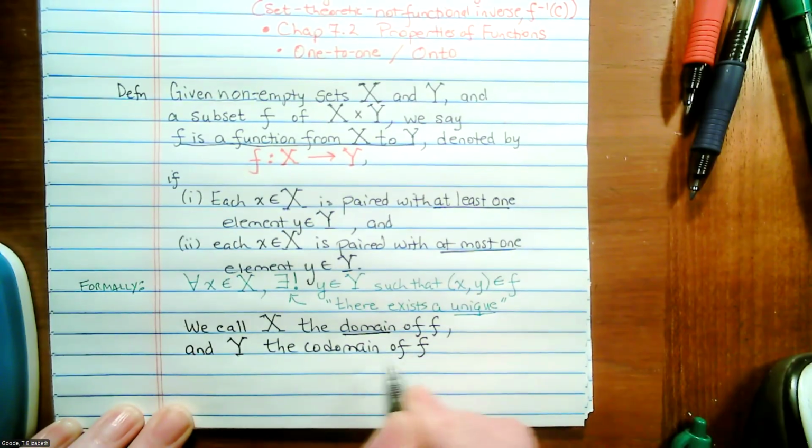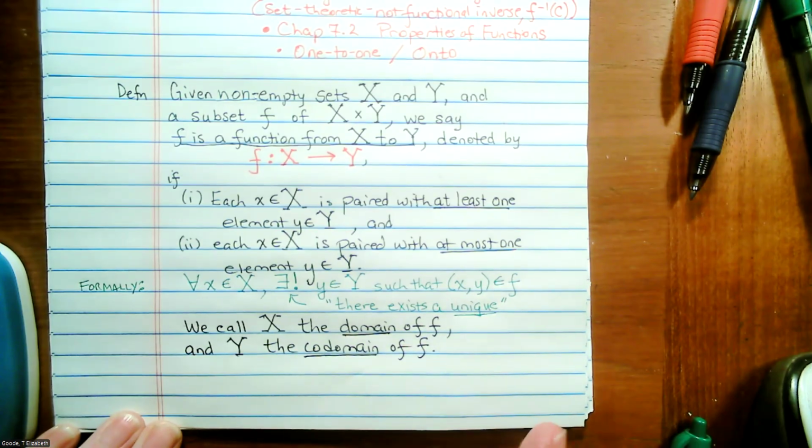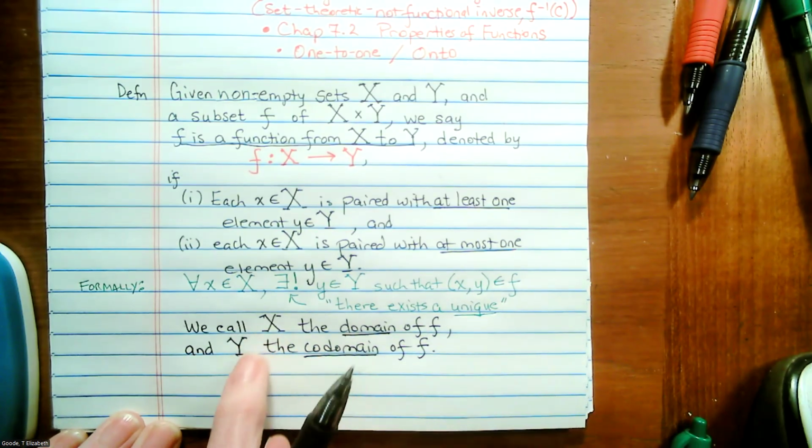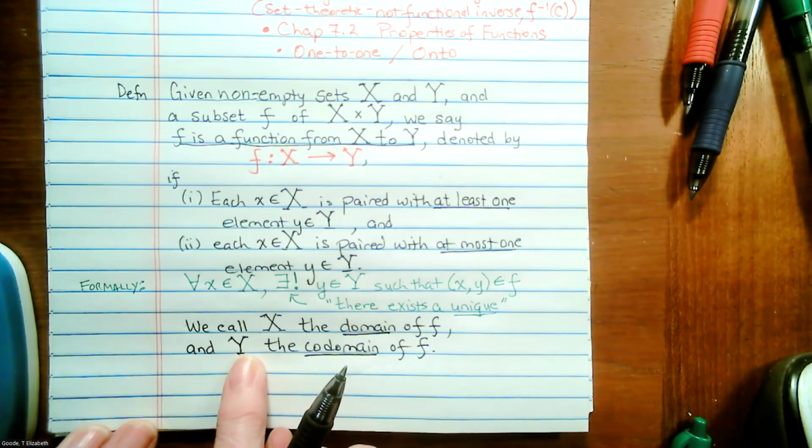But technically, the set that we're quote unquote shooting at is the codomain of F. We may not hit everything in Y, like not every element of Y might appear as a second coordinate. However, those elements of set Y that do appear as second coordinates are images of elements from the domain. That particular set is what we call their range.